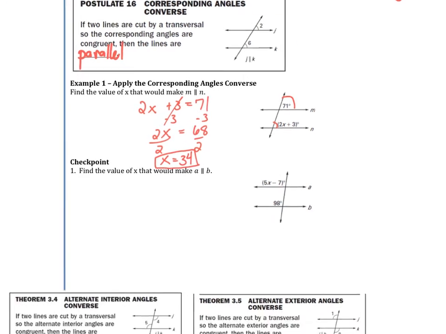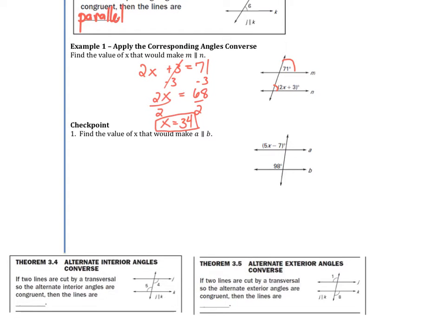All right, checkpoint 2 is the same thing. What value of x would make the lines parallel? Well, these are corresponding angles. So for the lines to be parallel, the corresponding angles would have to be equal or congruent. So 5x minus 7 would have to equal 98 for these to be parallel. So cancel out the minus 7 by adding 7.